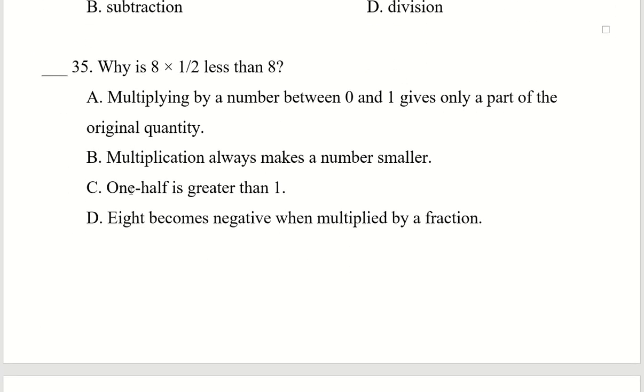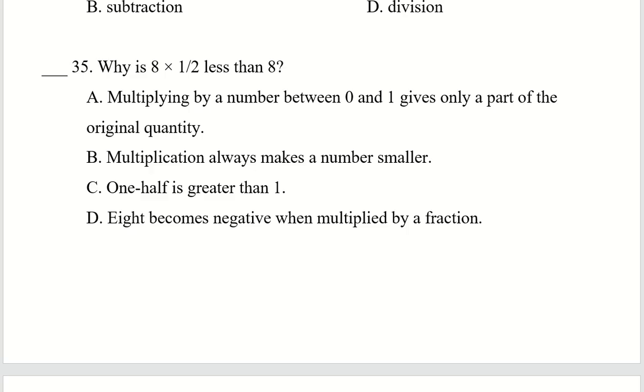35. Why is 8 times 1/2 less than 8? The answer here: multiplying by a number between 0 and 1 gives only a part of the original quantity. Since 1/2 po is less than 1, that will be 0.5, so you're multiplying with a smaller number.